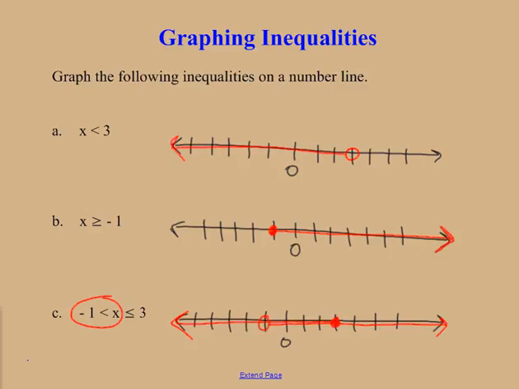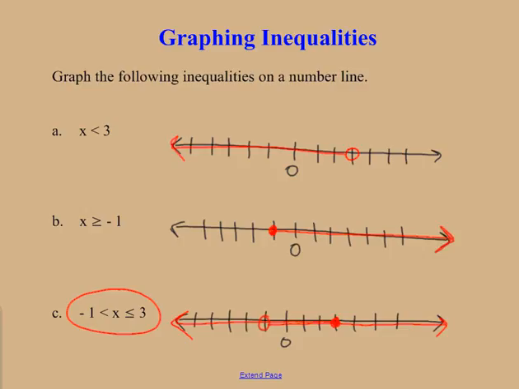All right, now we have to actually come up with the graph of this inequality. So far, we've graphed the two inequalities separately, but the inequality in part C reads x is less than or equal to 3 and greater than -1. So since we're using the word and when we read this inequality, we need to look for the numbers on the number line that satisfy both inequalities at the same time.